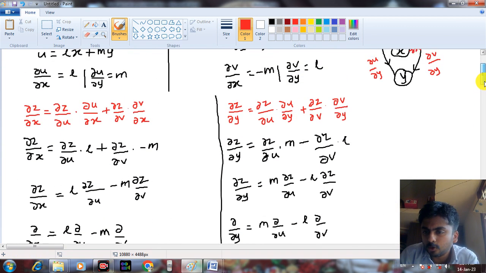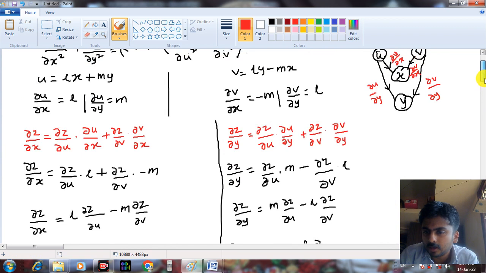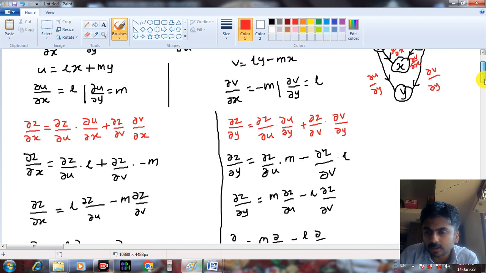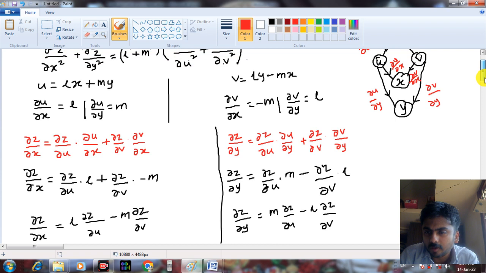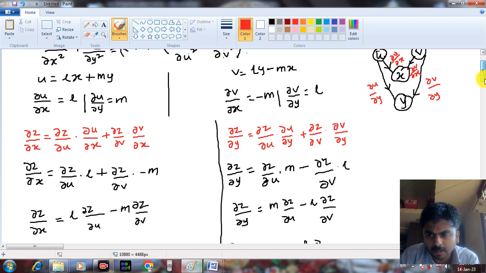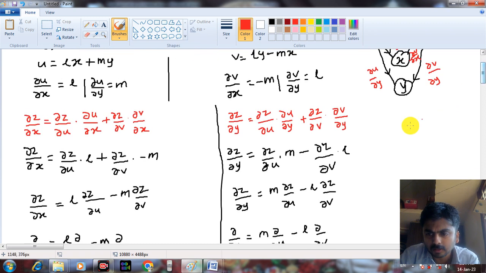So ∂u/∂y is plus m, and v equals ly minus mx, so ∂v/∂y equals l. So here the formula is not minus, the formula is plus.